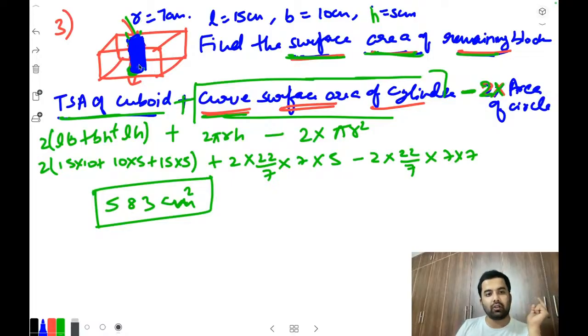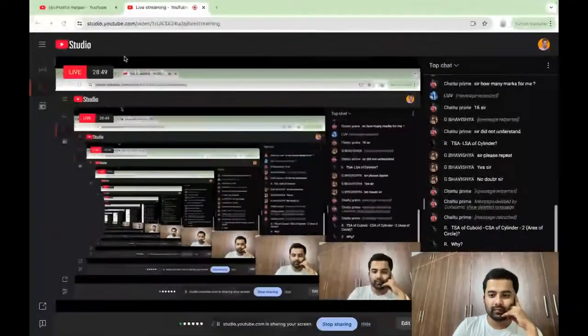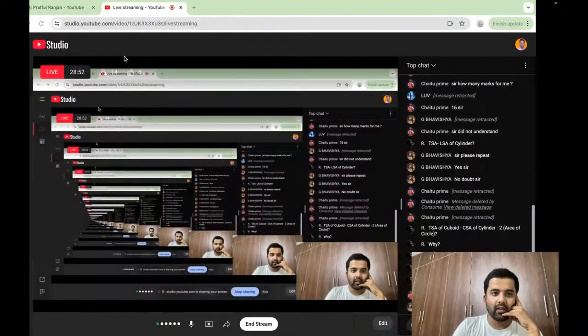So you have to figure out this blue color. For finding it, you have to apply the curved surface area. And why did we apply it? Because the top circle and the bottom circle are a hollow space. That's why we can't include the circle also. Okay. Now it is okay.